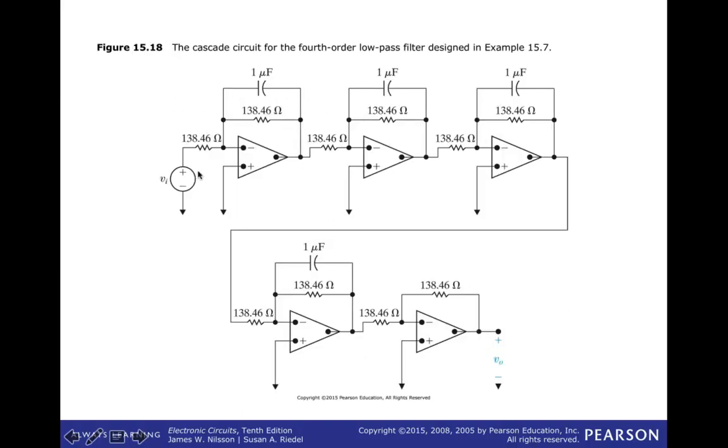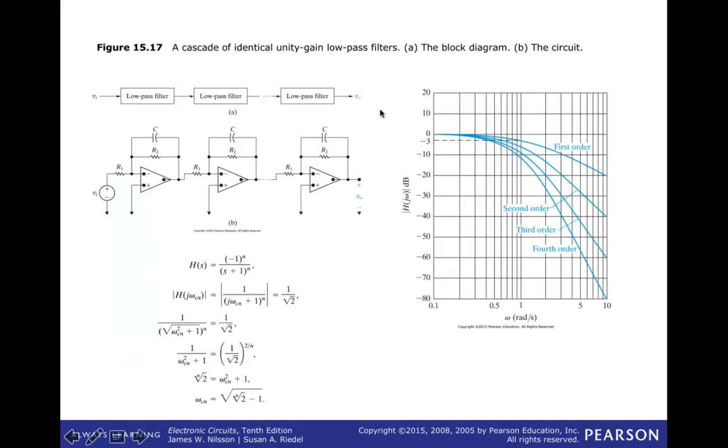So let's go back. Here's what the system looks like. You notice these four are all identical. The reason to do that is so that we can get this steeper transition, so that we drop off pretty rapidly and attenuate higher frequencies pretty rapidly.